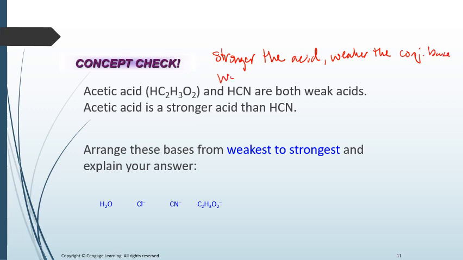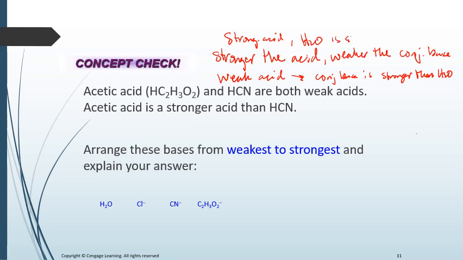Any weak acid, we know that the conjugate base is stronger than water, and as a strong acid, the water is stronger as a base than the A-, the conjugate base.